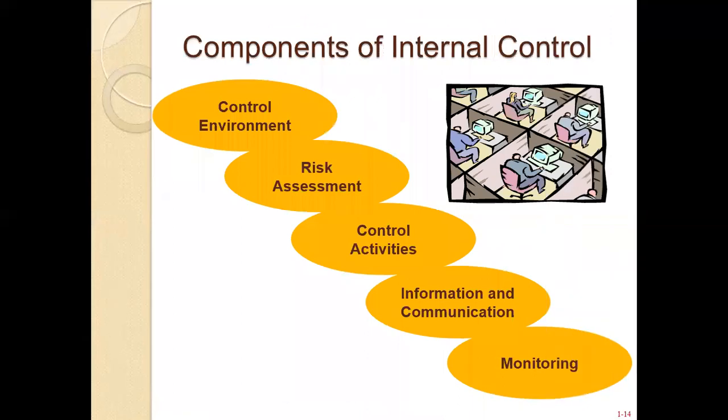Now the components of internal control. The next topic is internal control: how the company is controlling its business. It's a hierarchy of control environment, risk assessment, control activity, information and communication, and monitoring. The components of internal control simply show how the company will be controlled. That's a controlling environment, and it should be a monitoring environment.